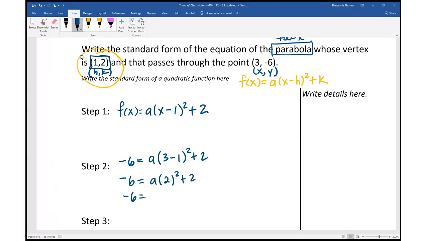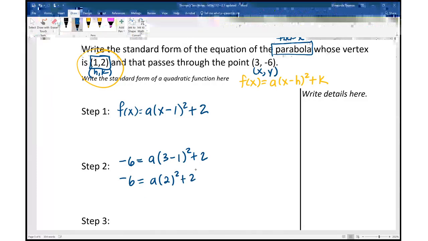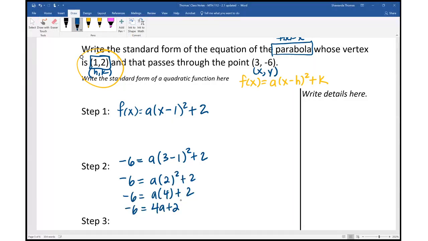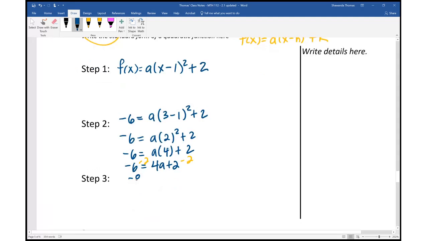So that's a times 4 plus 2, which is 4a plus 2. Let's subtract 2, get -8. -8 equals 4a. Divide by 4.